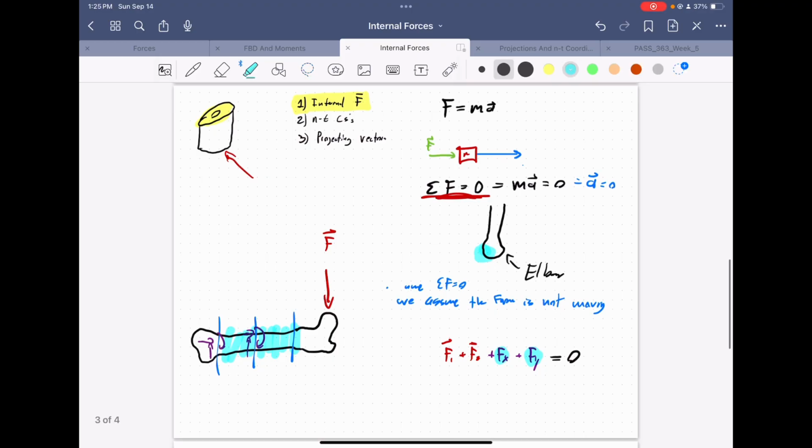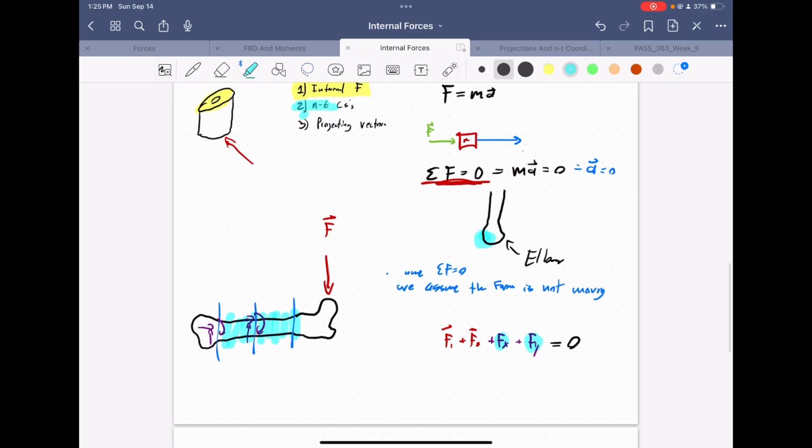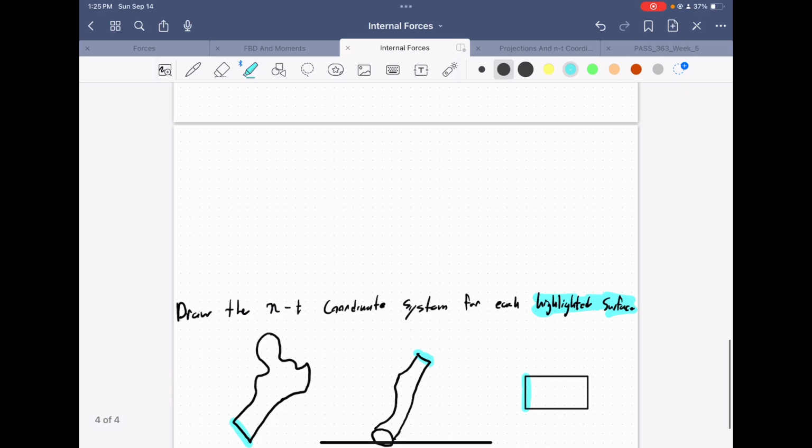So the next thing we need to know to do these problems for stress and strain on these surfaces is NT coordinate systems. An NT coordinate system stands for a normal and tangential coordinate system.